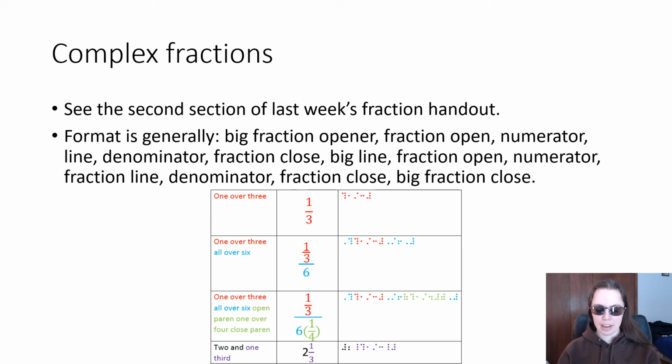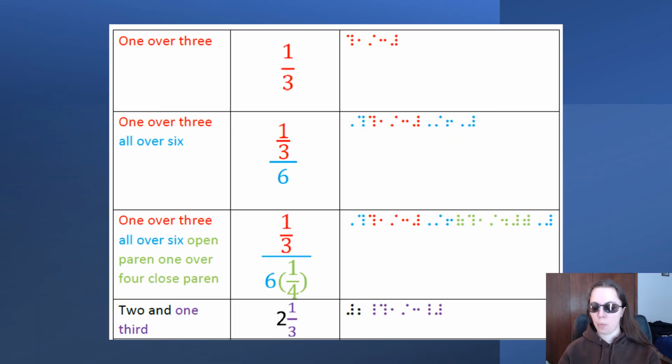You can see an example of that that even includes a mixed number. If you look in the row that's got the big and complex fraction in it, you'll note that there is color coding for what each fraction applies to. In that version, you can see the 1/3 that's in the numerator written here in red.